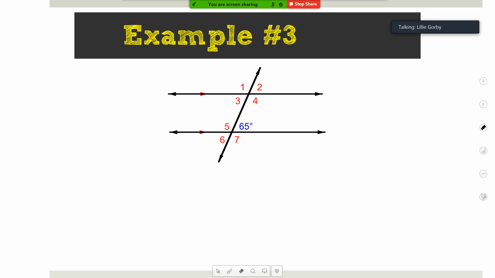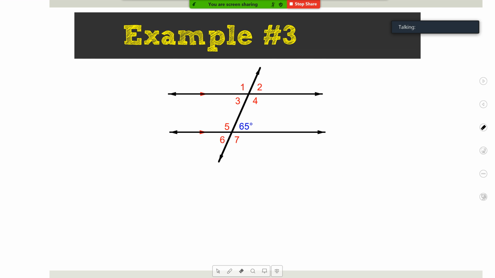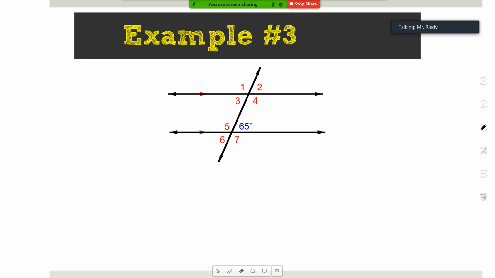There's a number where J is. Okay, good. We have an actual angle measure. Good. What else you got for me? I'll just keep flipping back and forth so you can see. There's a pair of parallel lines. Beautiful. These are parallel. These are not. Anything else for me, Lily?